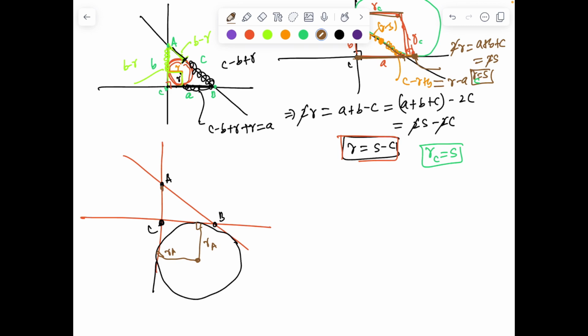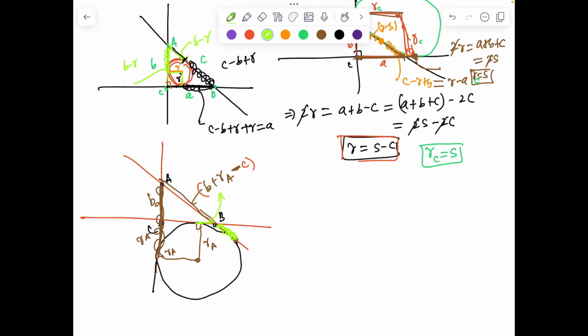So what about this full length? So this will be B plus RA. Now since this is B plus RA, so this has to be B plus RA, full length minus the length of AB, which is C. So B plus RA minus C is just this tangential intercept with x-axis.